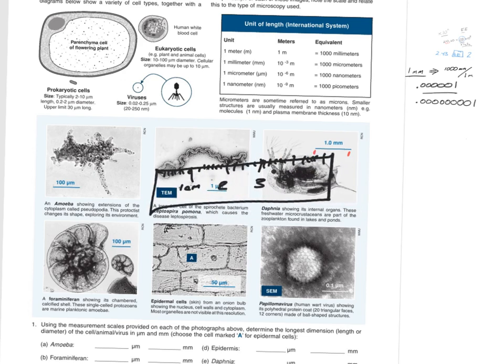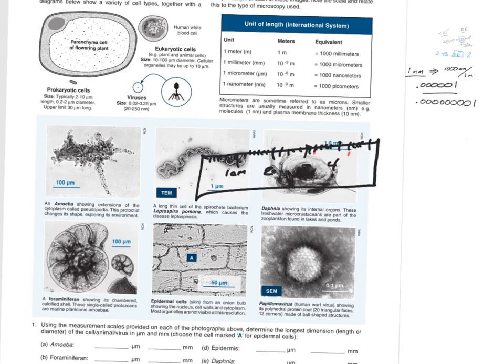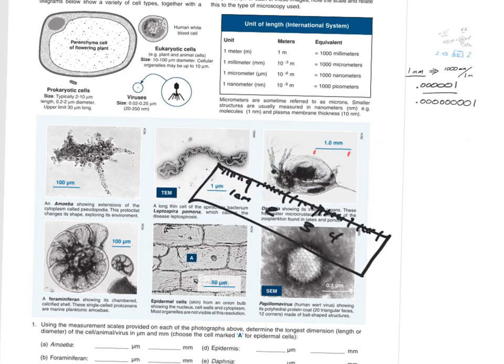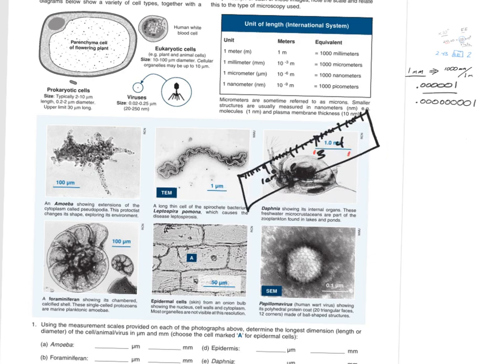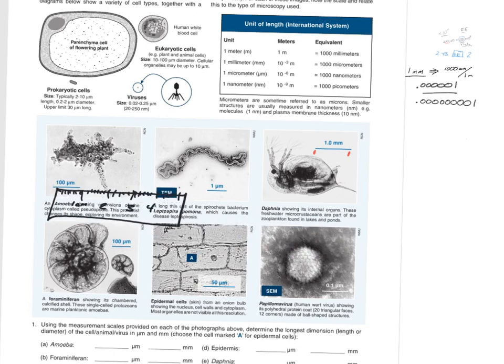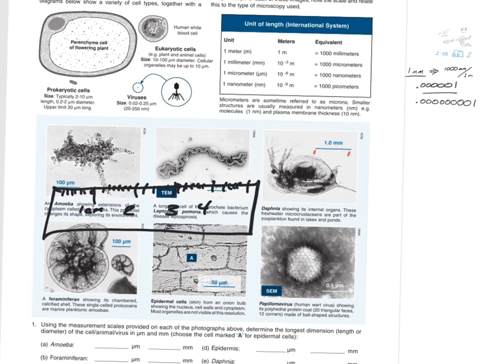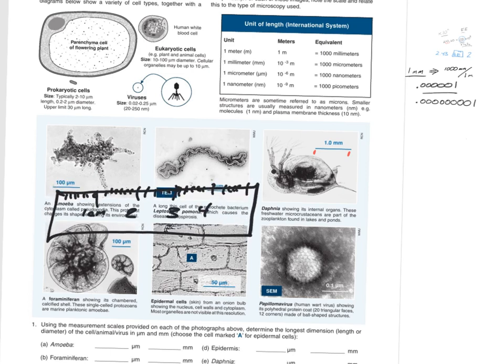Let's see, there's 1, 2, 3, 4, 5, 6, 7, 8, 9, 10, 11. 11 micrometers. Which is bigger, 11 micrometers or 1.5 millimeters? Right? And here's 100 micrometers. So if again, I'm changing the size of the ruler, which is bogus, but let's go ahead and say it's half a centimeter.